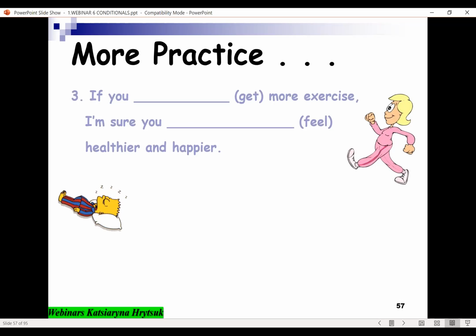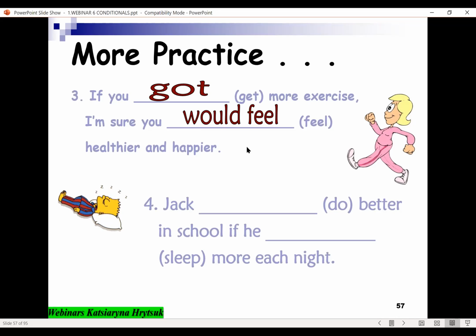If you had more exercise, no. Verb get, we change to got. If you got more exercise, I'm sure you would feel healthier and happier. Yes. Okay, so after if, again, past simple, get, we change to got, and main clause would and the verb.